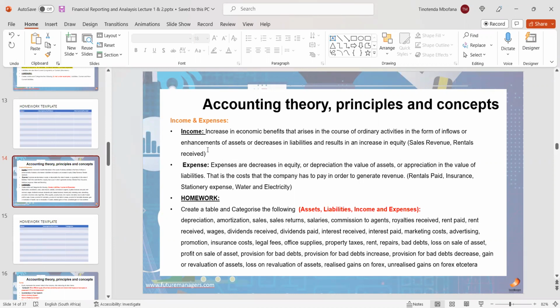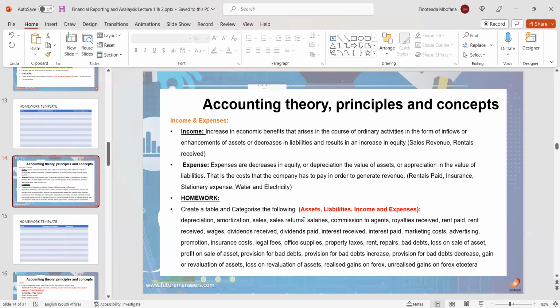But when you rent out these assets, at the end of the month you are going to generate rentals, which becomes an income. So assets are what generate income for you as an organization at the end of the day. Sales are examples of income. Rentals received are examples of income. There are a lot of different types of income. You will see these examples underneath.